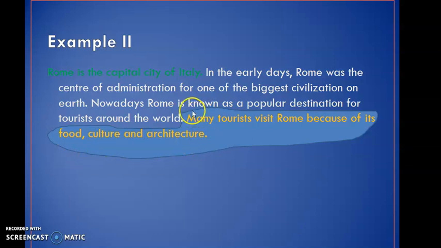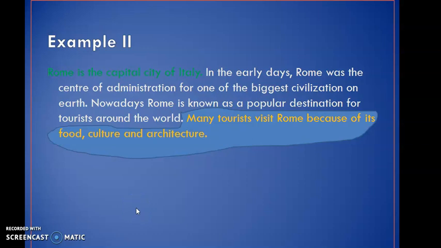So basically, when you read the thesis statement, you will get the main idea of the entire text. And it also helps you to find specific information. Let's say you would like to read about the food in Rome. So you will go straight to the first body paragraph.